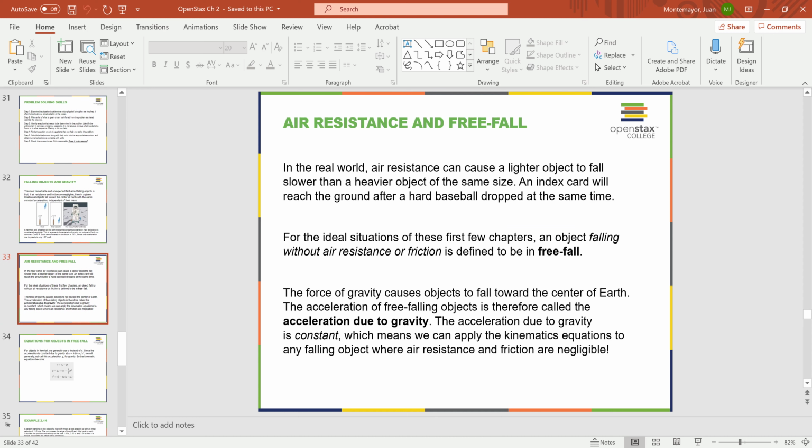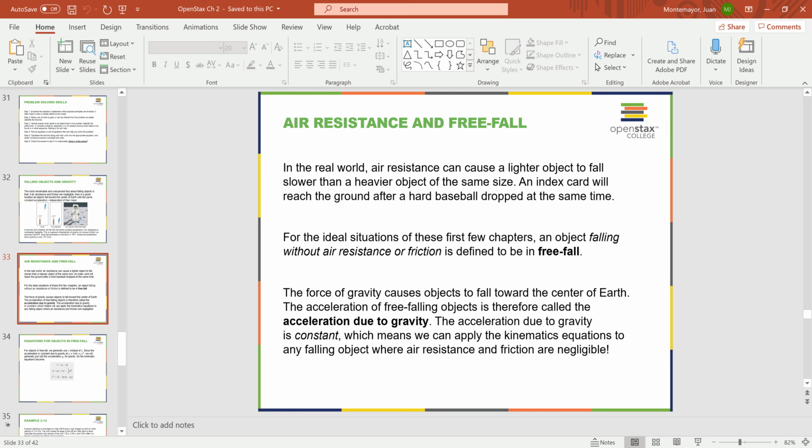So in the real world, air resistance can cause a lighter object to fall slower than a heavier object of the same size. An index card will reach the ground after a hard baseball dropped at the same time. For the ideal situations of the first few chapters, an object falling without air resistance or friction is defined to be in free fall. The force of gravity causes objects to fall towards the center of the Earth.